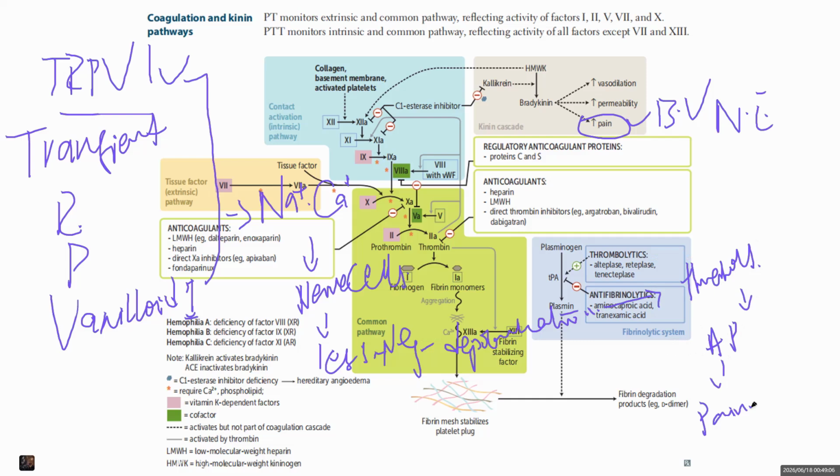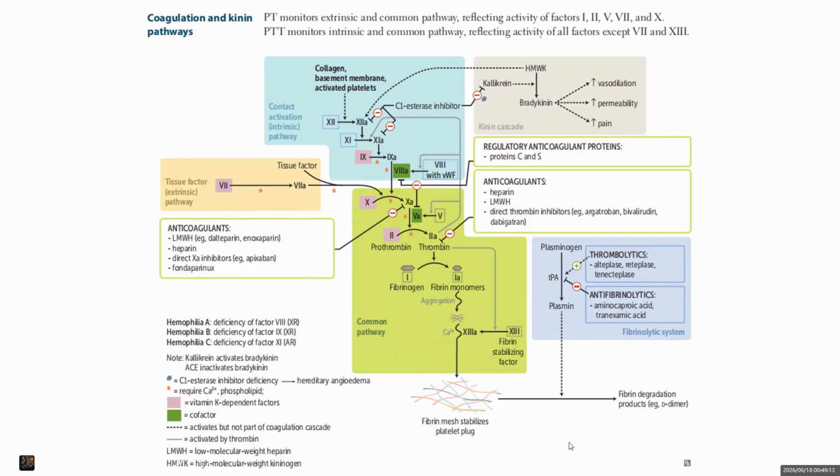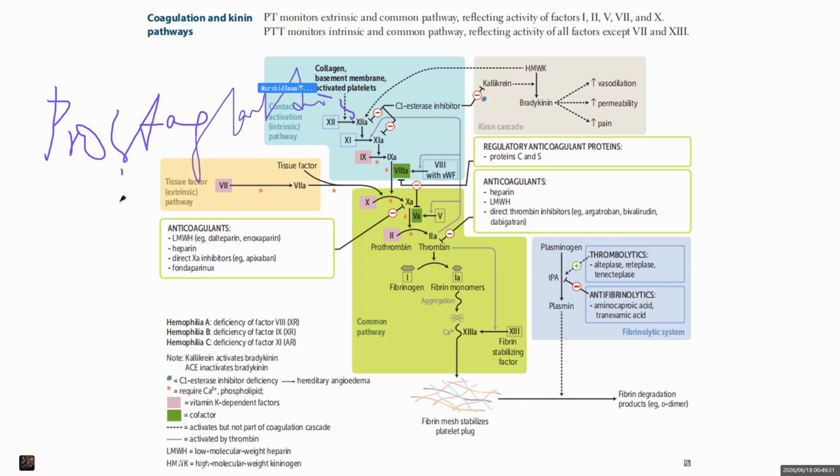There is one more important point to discuss: bradykinin also sensitizes these nerve endings. Sensitization makes them more responsive to other stimuli. For example, we have prostaglandins, which are also produced during inflammation. They work together with the bradykinin to lower the threshold for firing.